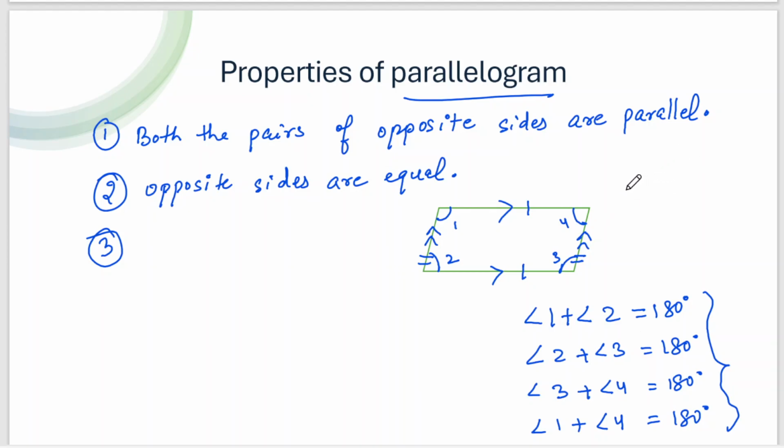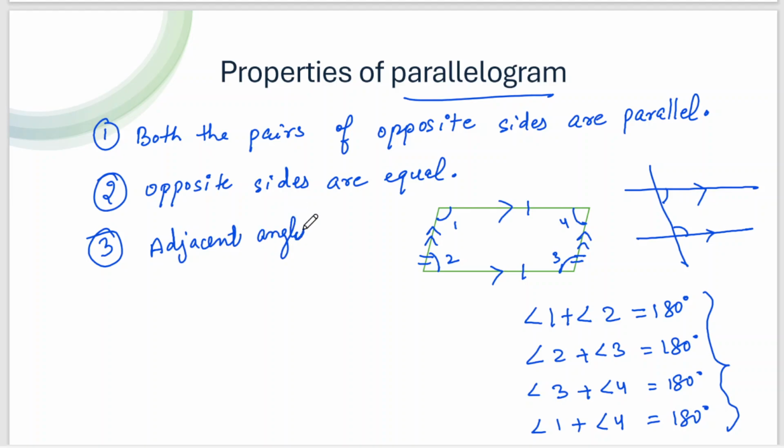In short, if I have two parallel lines and this works as a transversal line, then this angle and this angle are co-interior angles and they are supplementary. So adjacent angles are supplementary in a parallelogram. Supplementary means they are equal to 180 degrees.